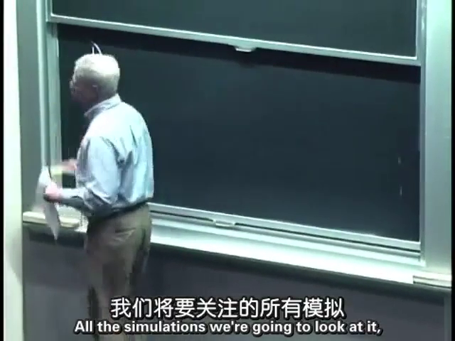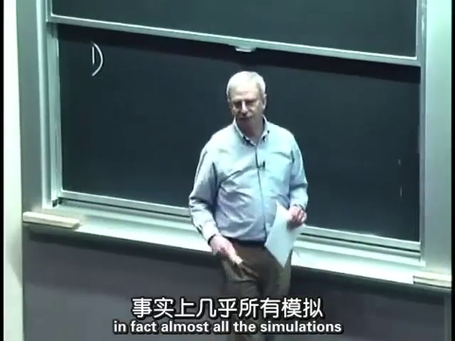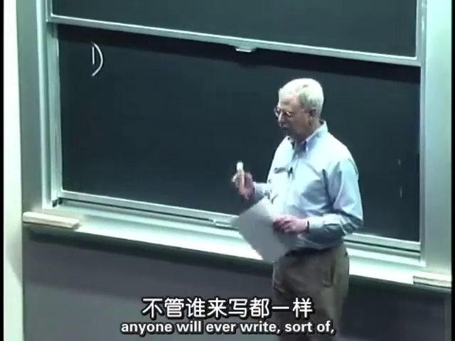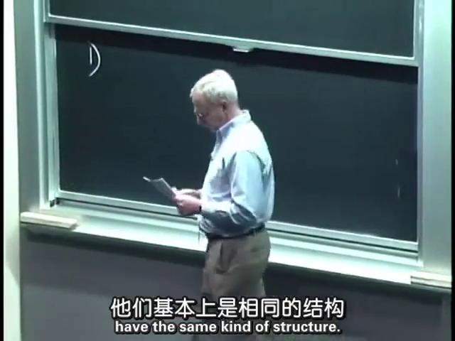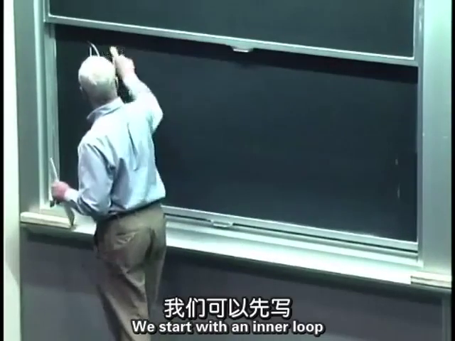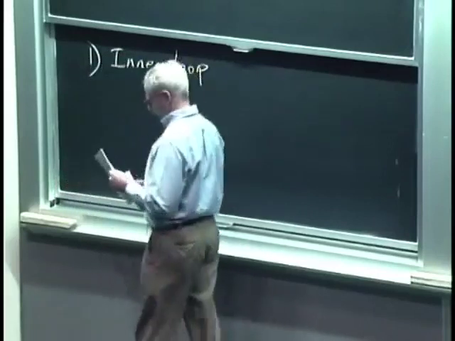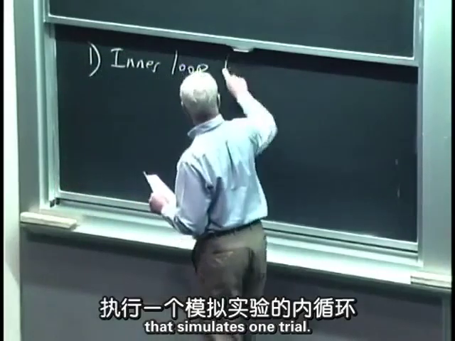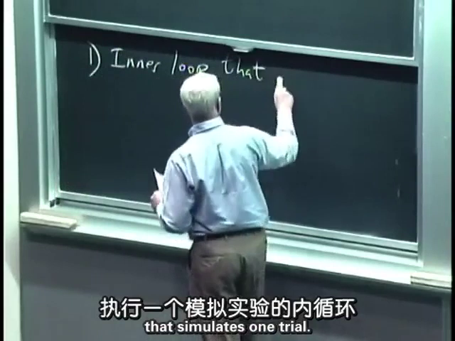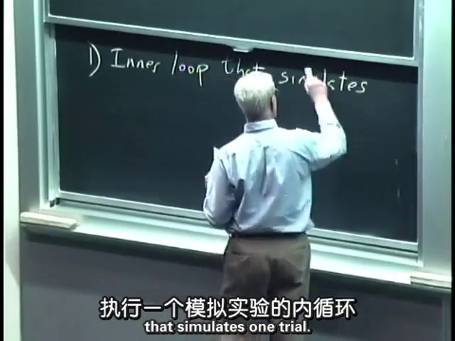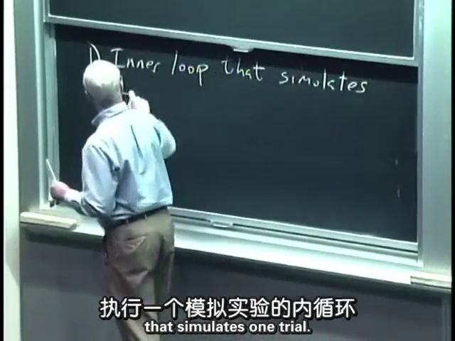All the simulations we're going to look at, in fact, almost all the simulations anyone will ever write, have the same kind of structure. We start with an inner loop that simulates one trial.